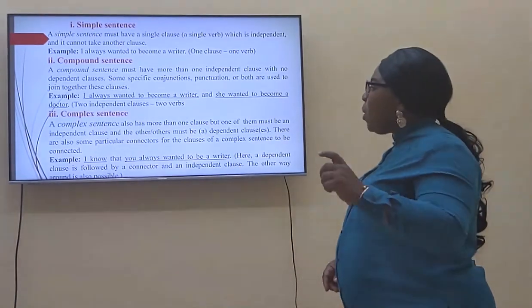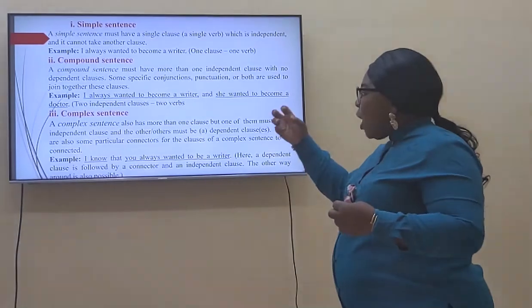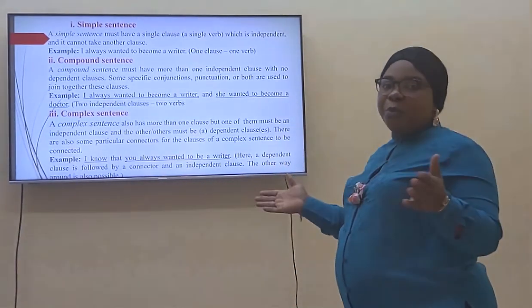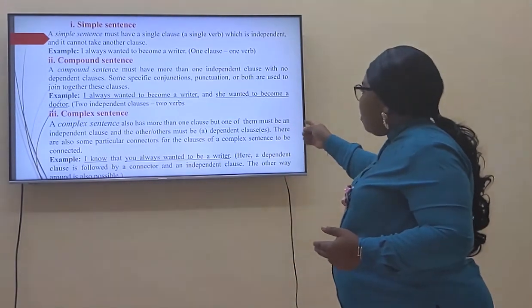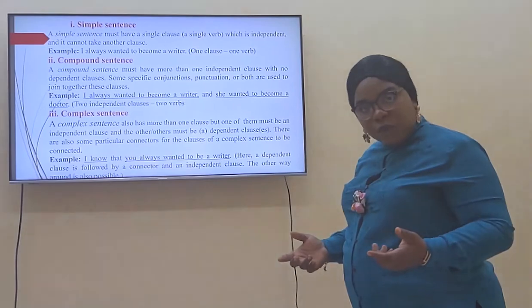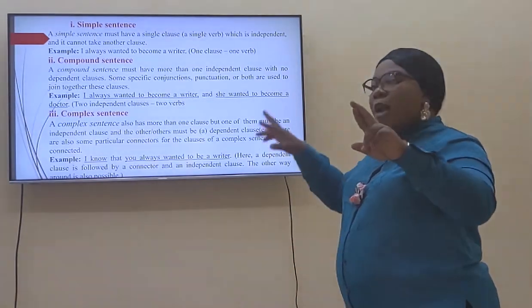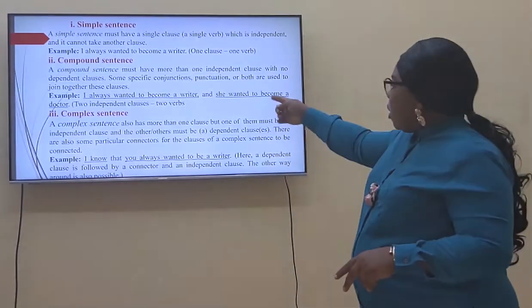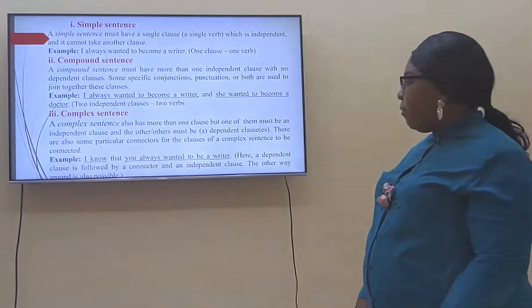Now, these are two independent clauses, but I have two verbs, right? I always wanted to become a writer. I mean, that's a complete sentence. You can actually put a full stop to it and have a complete sentence. She wanted to become a doctor. That is also a complete sentence on its own. Right? So these are two clauses that make meaning on their own coming together. But of course, you have a conjunction, and, there to connect the both of them.